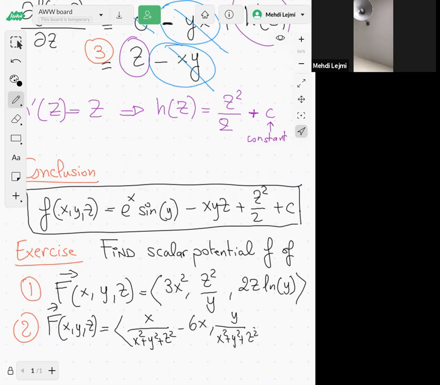All you have to do, guys, is integrate. Here you can see in the bottom you have x squared, in the top you have x, so you have the derivative of x squared in the top, so you can just use a natural log here. The third component is z over x squared plus y squared plus z squared.